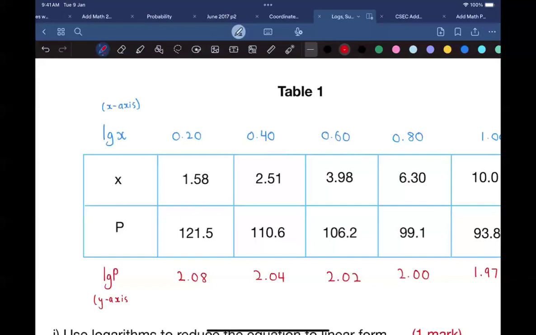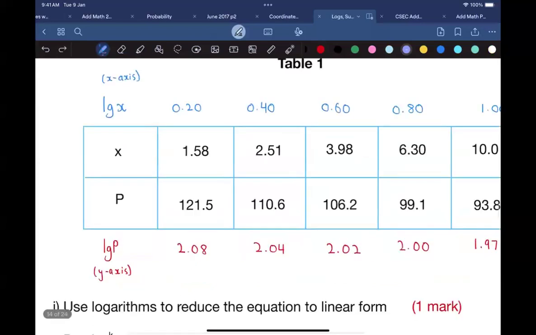So let me just write down the coordinates one time. It's always the x and the y. So what's your first coordinate? 0.20, comma, 2.08. Right? 2.08.